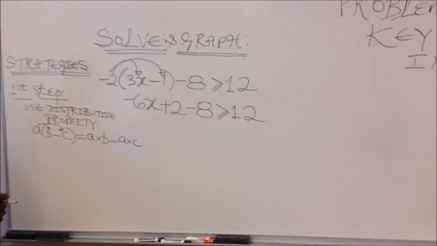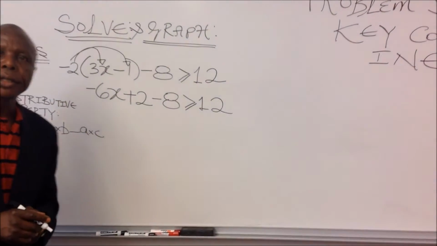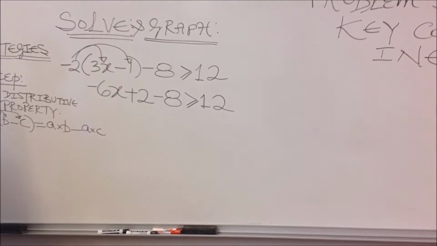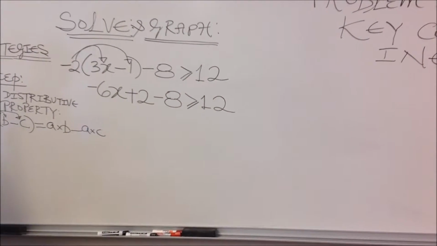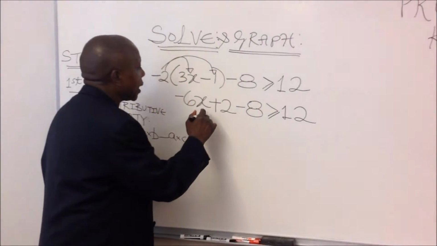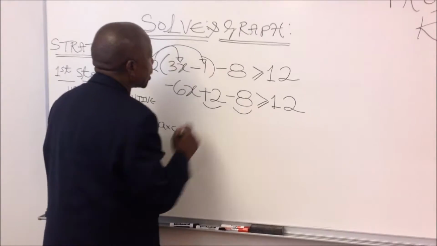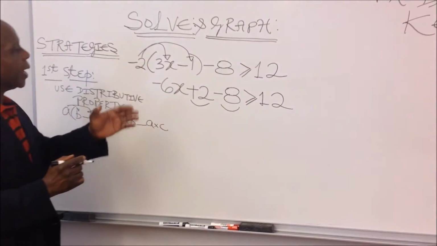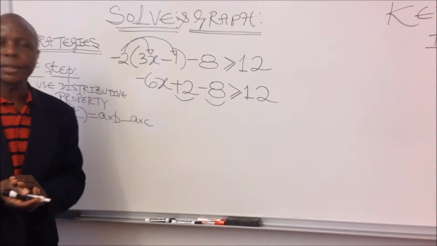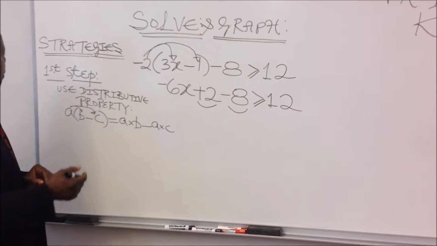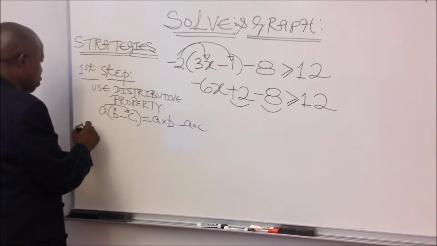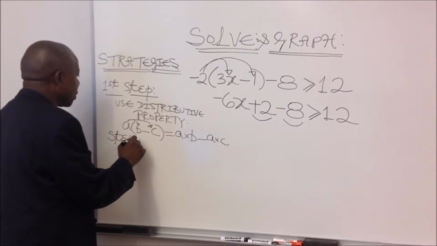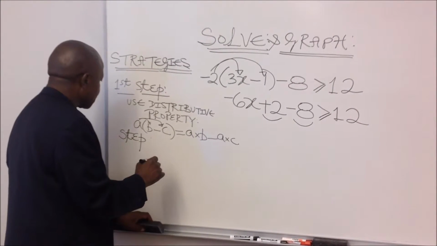So what will be our next step in this strategic problem solving process? Our next step will be to combine like terms. So the 2 and the negative 8 are like terms. So therefore, our step number 2 is to combine like terms.